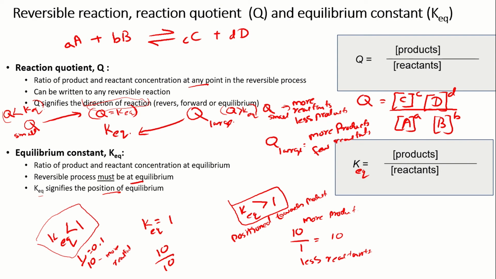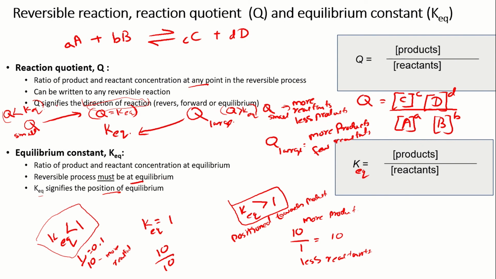So that is the main difference between the reaction quotient and the equilibrium constant. To sum it up, the reaction quotient is defined for any position of any reversible reaction. For the equilibrium constant, your reversible process must be at equilibrium.